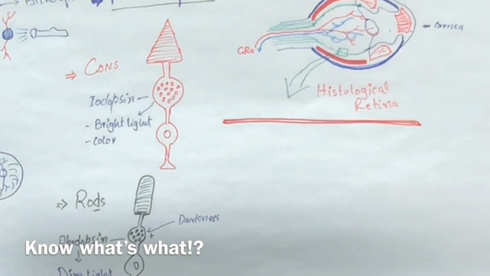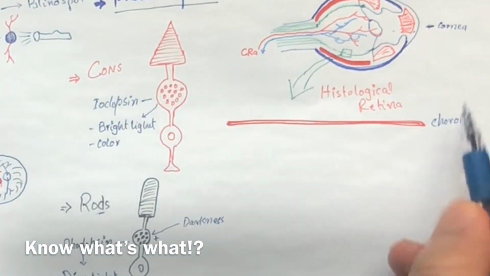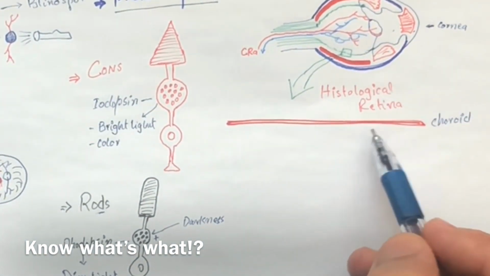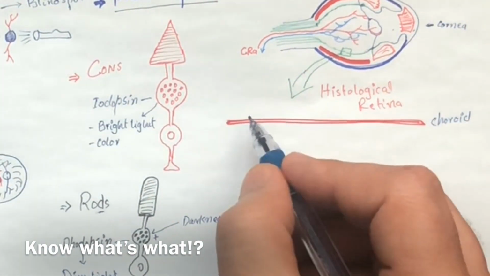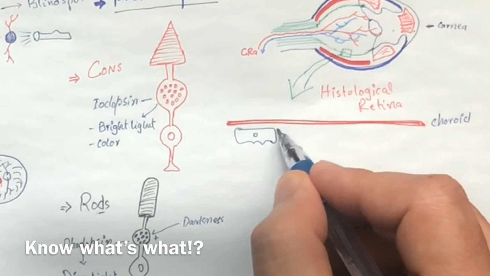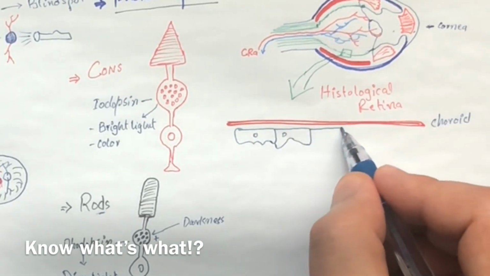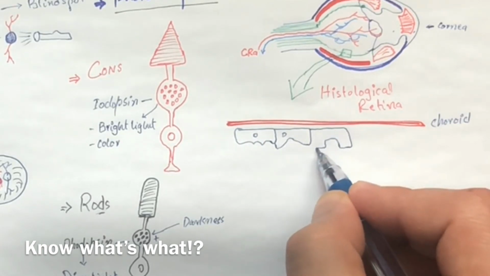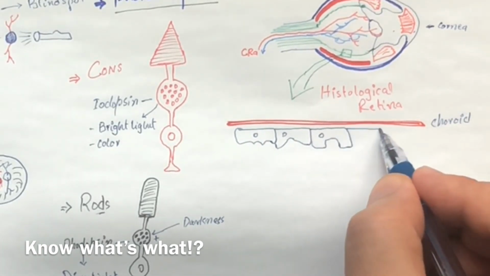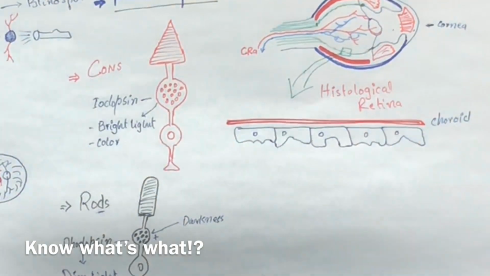And this choroid layer has the capillaries, which are the choriocapillaries that supply part of the retina. So the choroid is not part of the retina, but it supplies part of the retina. Okay, so here is the cell layer, and these cells are called the pigment cell layer. Okay, so these are pigment cells here, and it's also called the pigment cell layer.